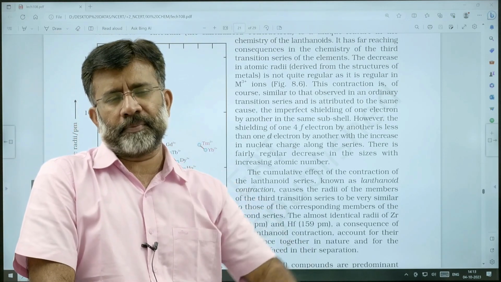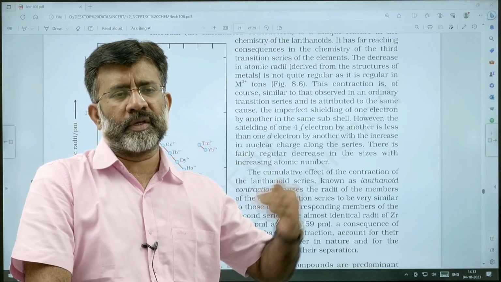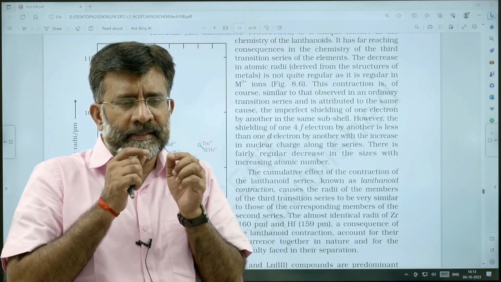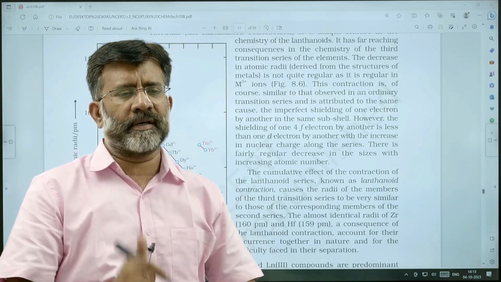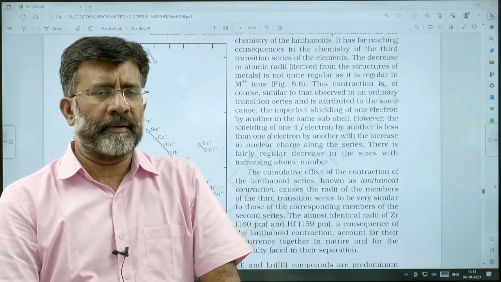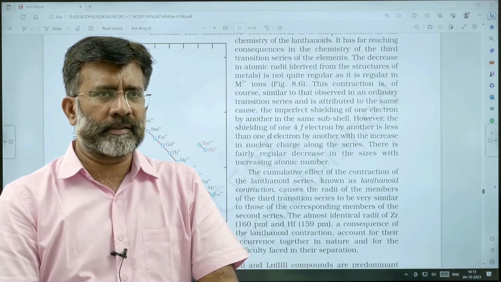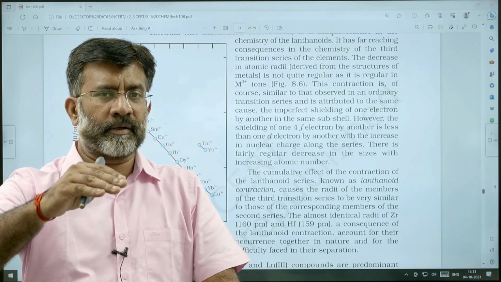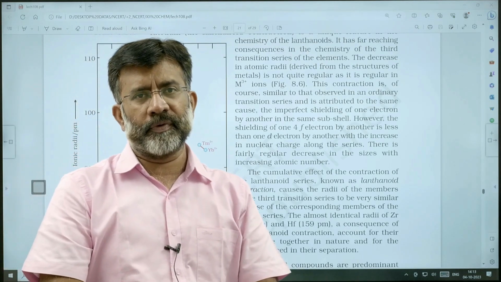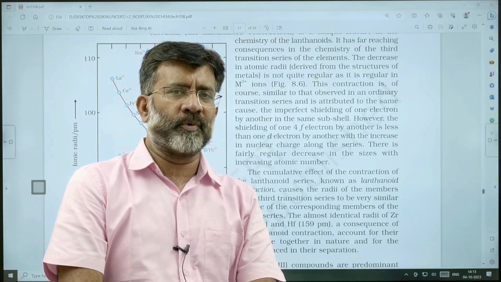Step by step, as you proceed from cerium to lutetium, there is a step-by-step increase in the effective nuclear charge. Why? Because each time the proton count increases, electrons are added to the f orbital. And d and f orbitals have a poor shielding effect.